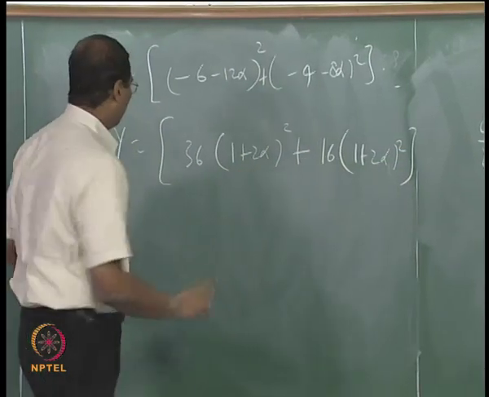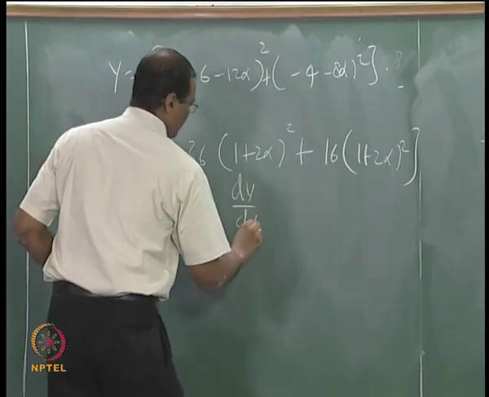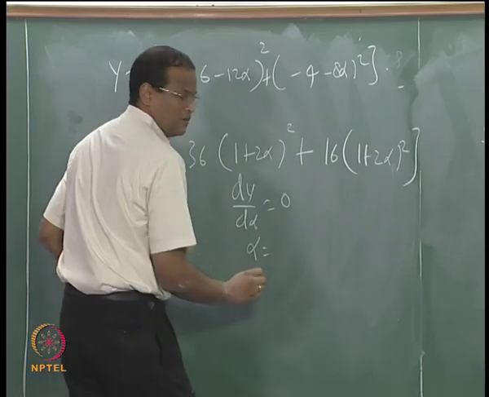Don't worry about all this, then dy by d alpha equal to 0, alpha equal to minus half.